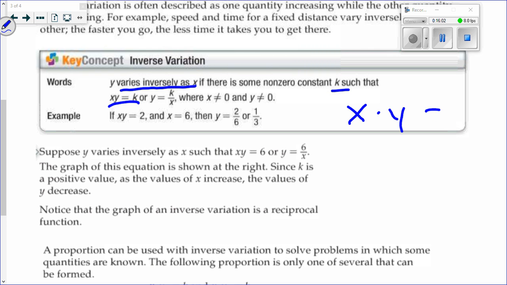Now we have a product equals the constant. So as you may figure, we're going to be able to set up x1 times y1 equals x2 times y2. This is an inverse variation.